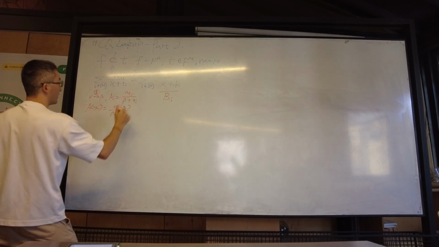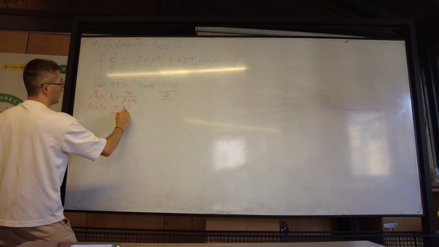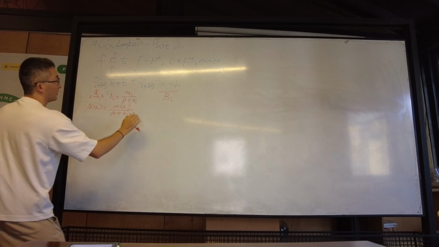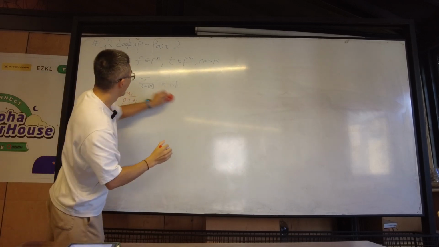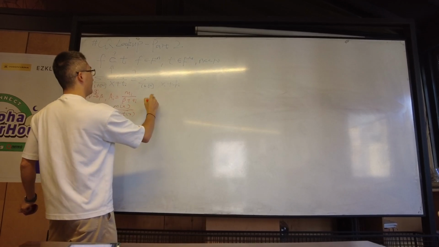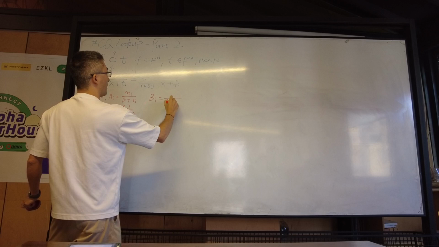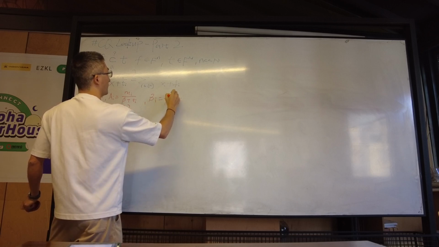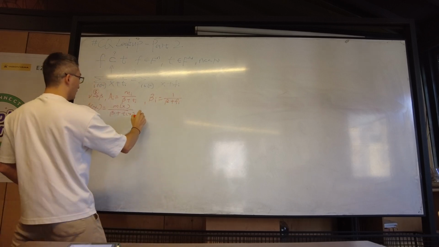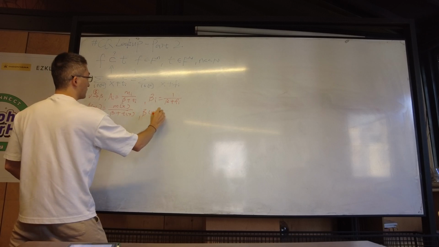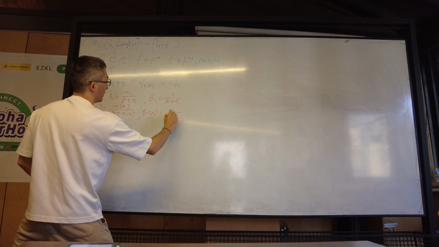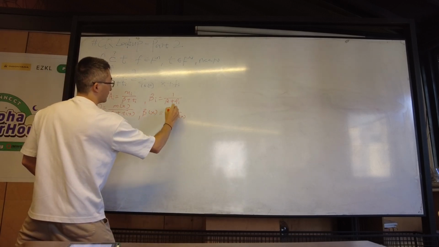We just replace the i with the polynomial T(X). And B_i equals 1 over beta plus f_i, so B(X) equals 1 over beta plus f(X).